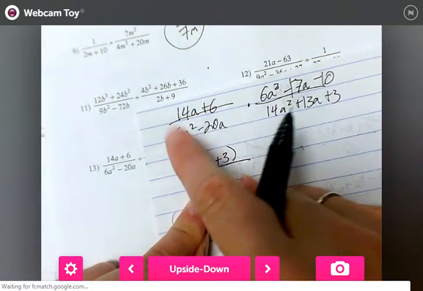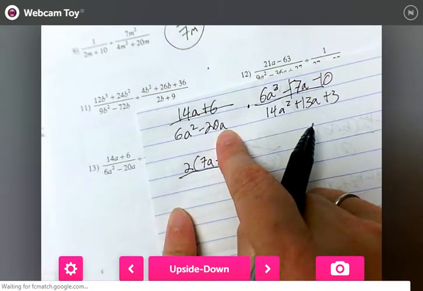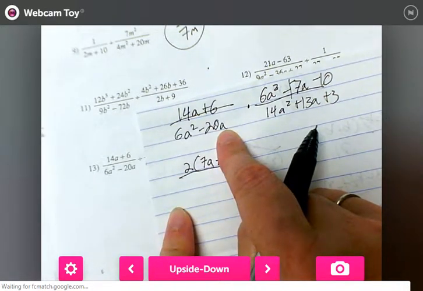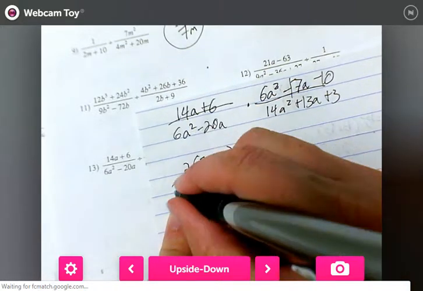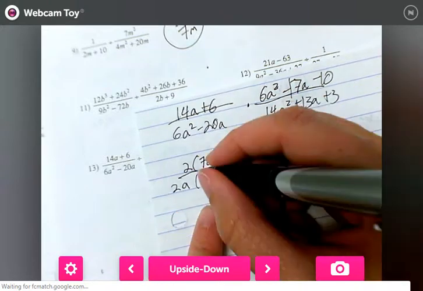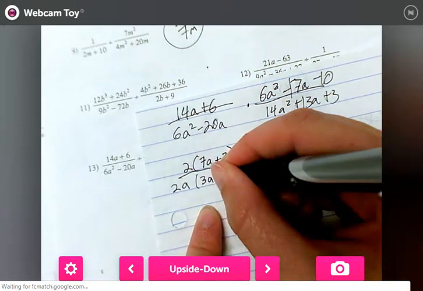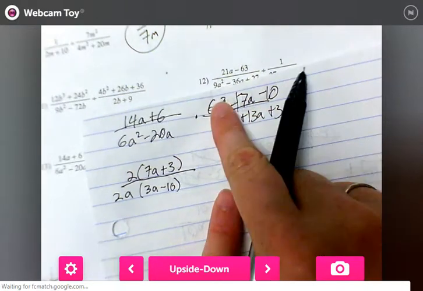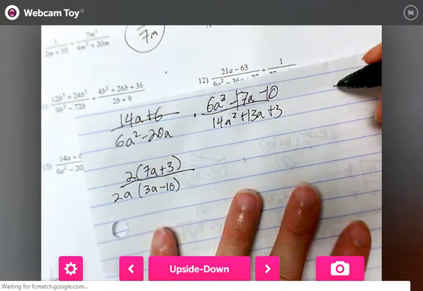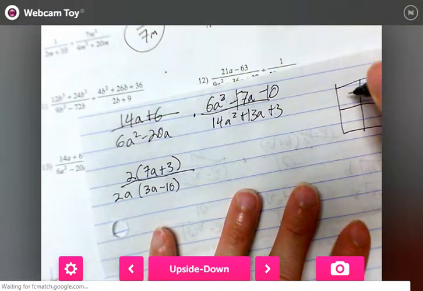The bottom, I know I can take out a 2a. And I'm left with 3a minus 10. Okay, now these two I'm going to have to factor. So my top one, I've got 6a squared and I've got negative 10.